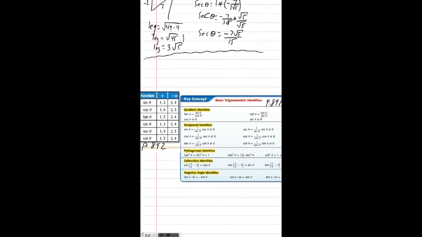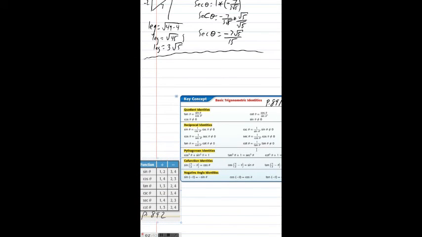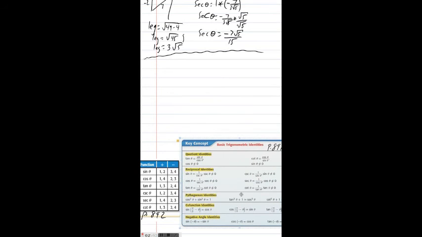Tangent squared plus 1 is equal to secant squared of theta. This is a little after the fact, but I just want to show you how this works.